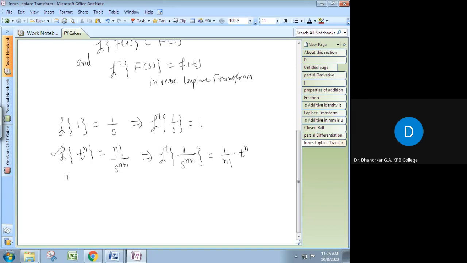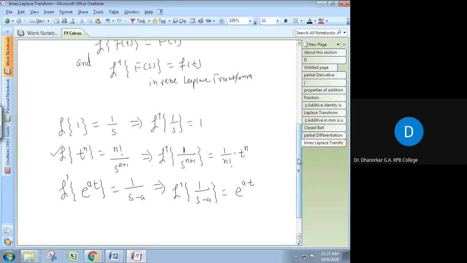Then the standard result for the Laplace transform of e raised to power at is 1 divided by s minus a, with the ROC as well. The inverse Laplace transform of 1 divided by s minus a is nothing but e raised to power at.